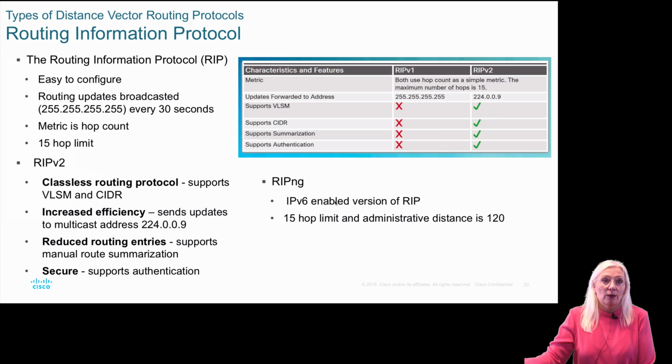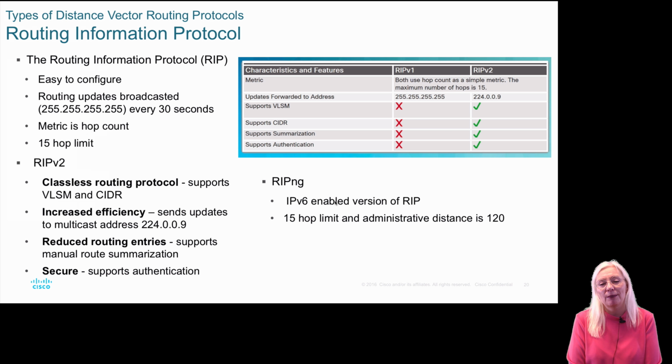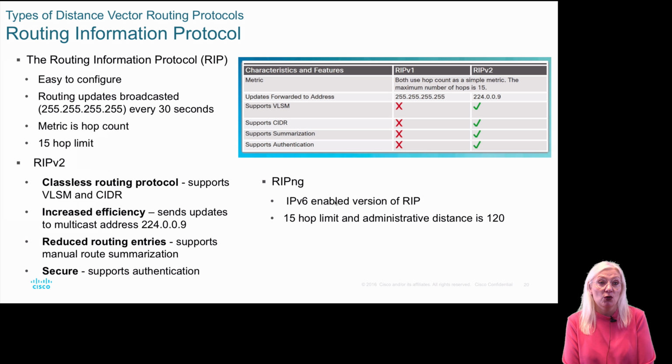When we look at RIP, it is very, very simple to set up. It has a maximum hop limit of 15, because the time to live is set to 15 in RIP version 1, and actually also version 2. When we have RIP for IPv6, we also have the hop limit of 15.